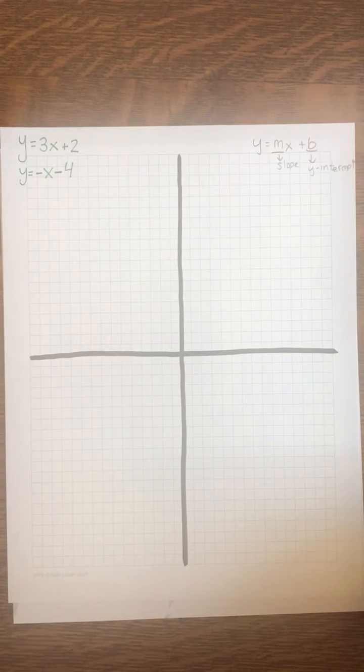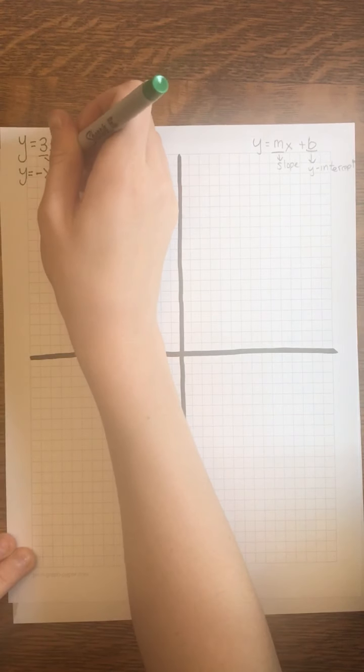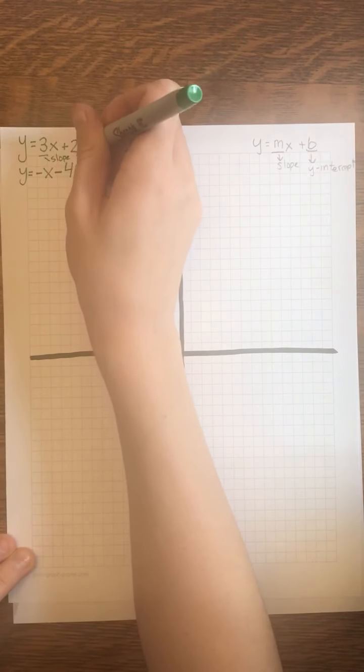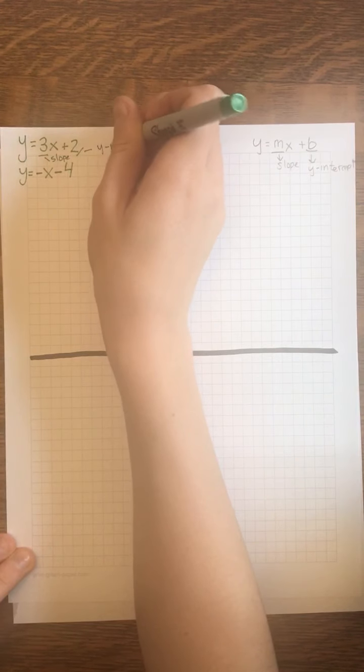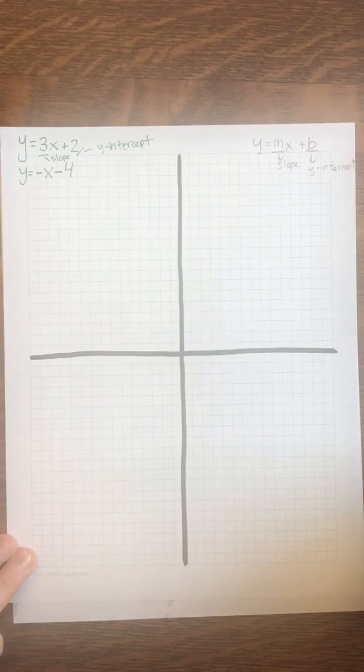But I do need background knowledge of remembering how to graph. Hopefully none of you forgot how to graph. Well, if you did, I will go over it again. So let's graph the first. 3 is the slope, and 2 is the y-intercept. I always graph my y-intercept first, and the y-intercept is where the line crosses the y-axis.